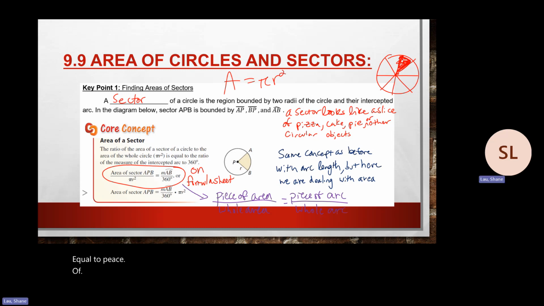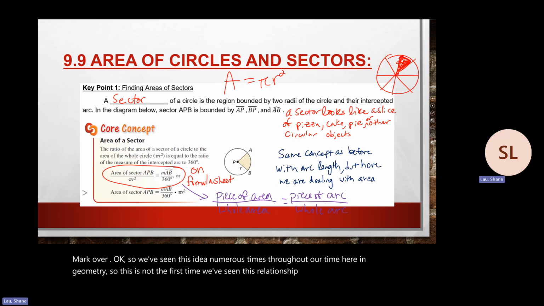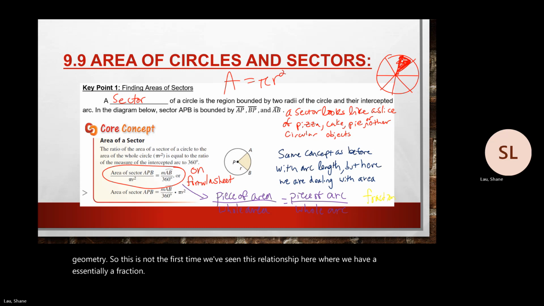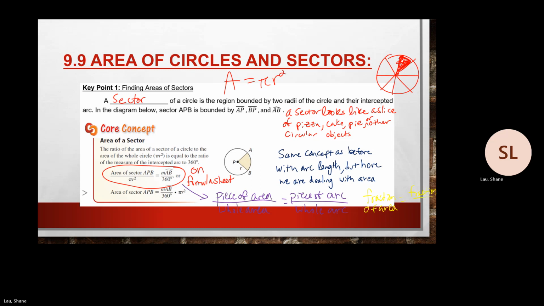We've seen this idea numerous times throughout our time here in geometry. This is not the first time we've seen this relationship, where we have essentially a fraction of area equal to a fraction of arc.